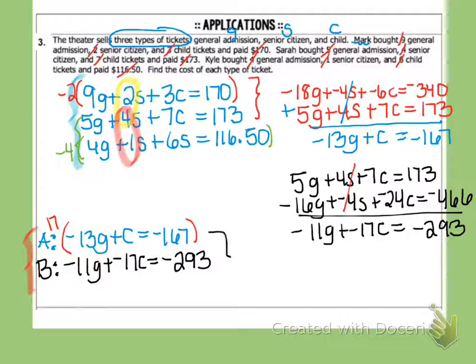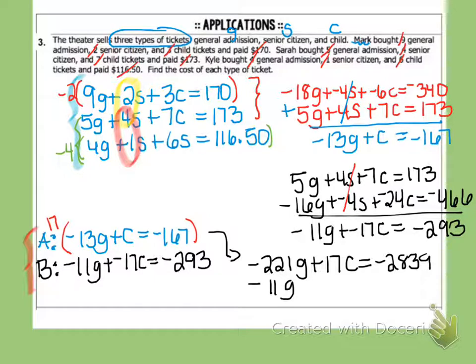So when I rewrite this one, that will be, let's see, negative 221g plus 17c equals negative 2839. And then my other equation can stay just the same as negative 11g plus negative 17c equals negative 293.